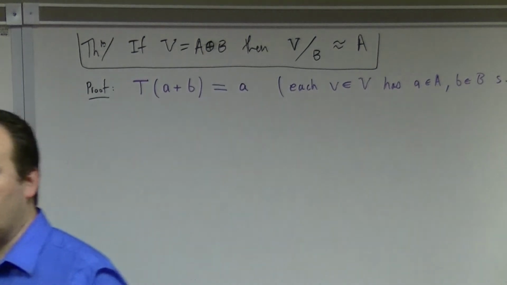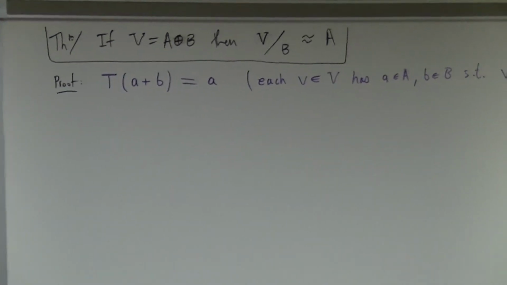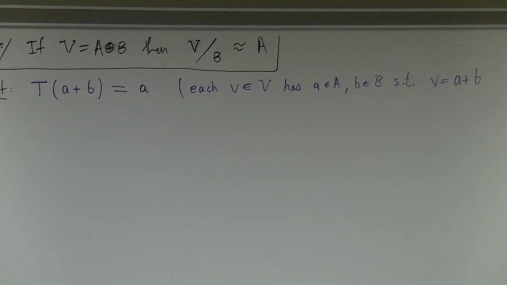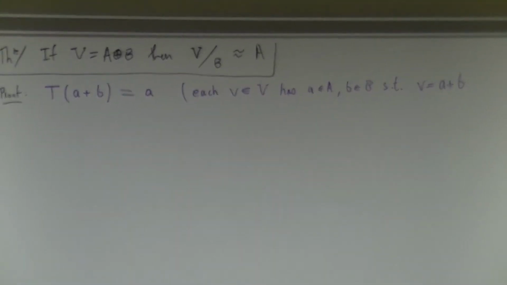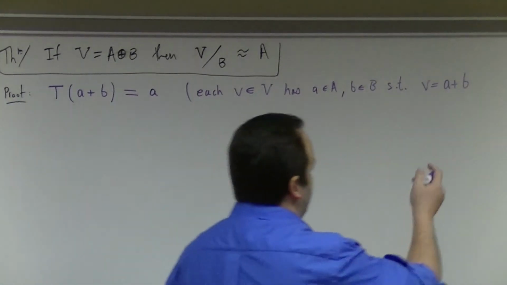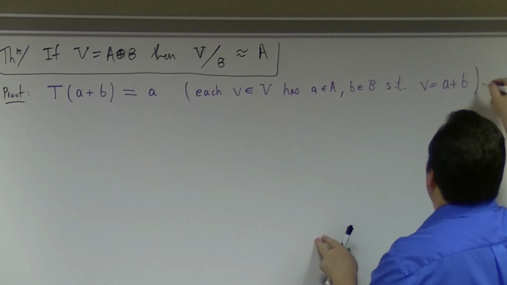If I'm assuming it's the internal direct sum, that means that this map is an isomorphism, so there's just one pair which maps to v. I'm using that eta is an isomorphism in order to understand that there is an a and a b which give me back v.